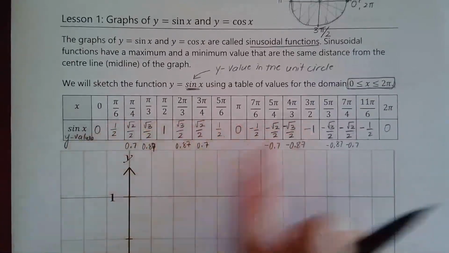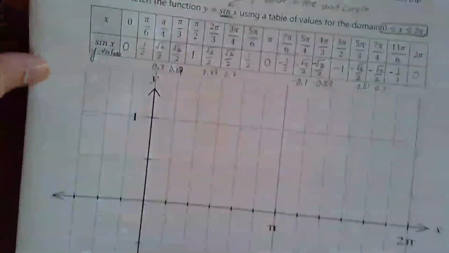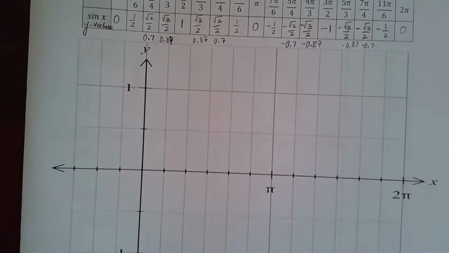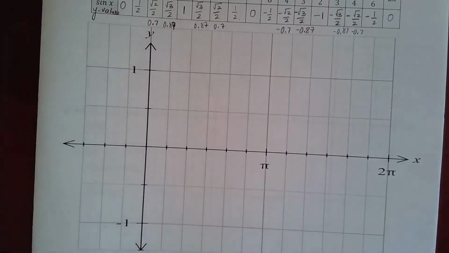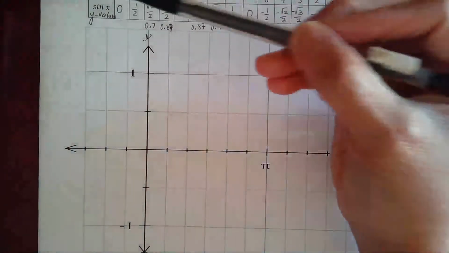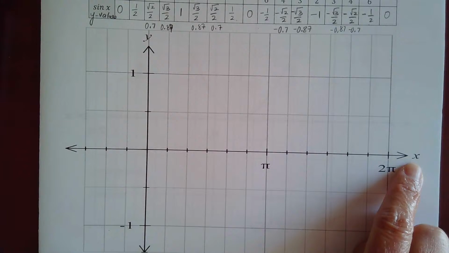So we're going to graph all these in here and see what that graph looks like. And I kind of spoiled the surprise at the beginning because I already said what that one would look like. So let's graph this one here, 0, 0. So the x is the angle.